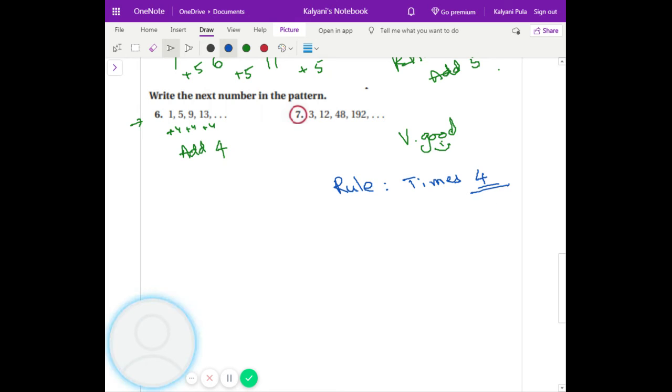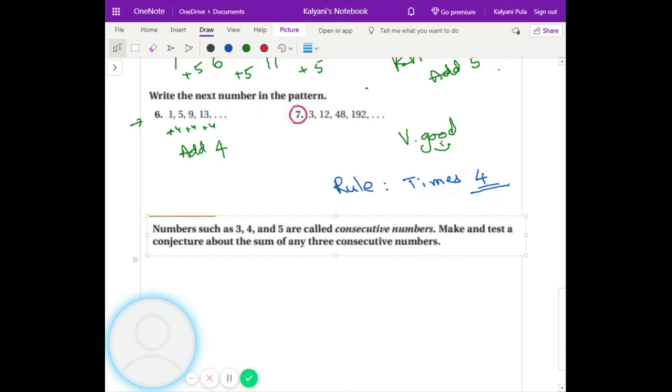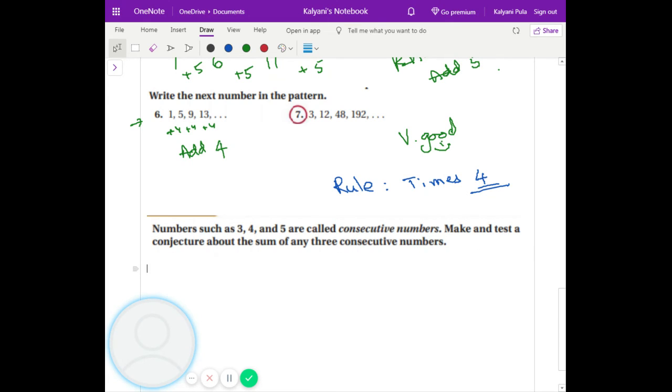We're making a kind of testing a conjecture. Is it true all the time? It's only true sometimes, like for angles. Sometimes it works or not. So that's what we're going to look at right now. Okay. Go ahead and read the question. Numbers such as 3, 4, and 5 are called consecutive numbers.